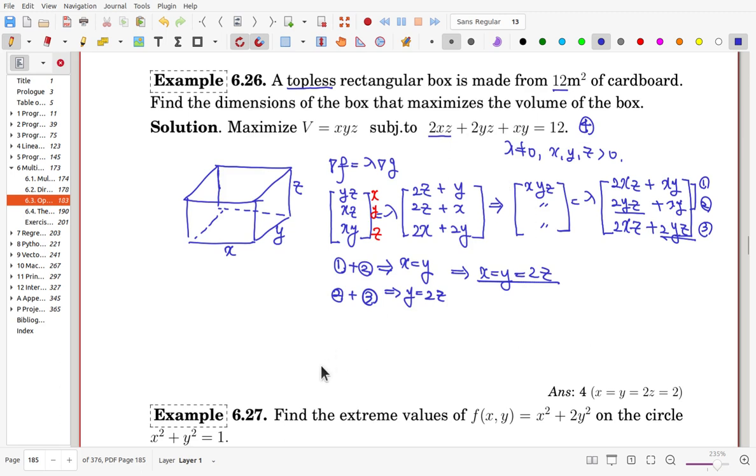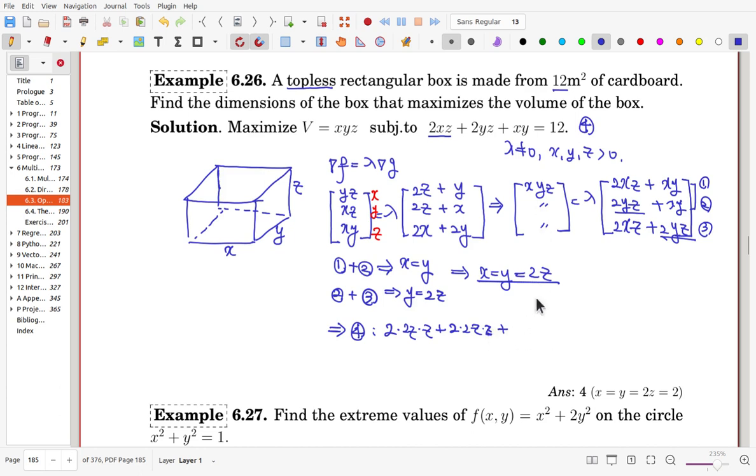Here, x is 2z, y is 2z, so we plug that in. From equation 4, we try to make everything a function of the single variable z. x is 2z, so 2 times 2z times z, plus y is 2z, 2 times 2z and z again. Now, there's z.